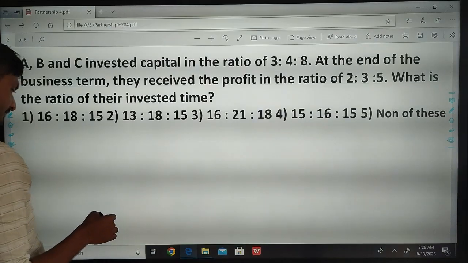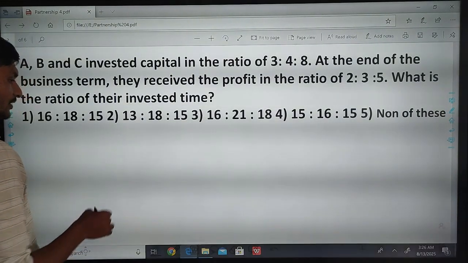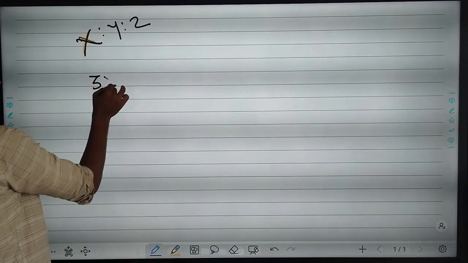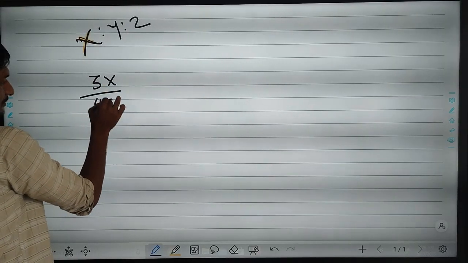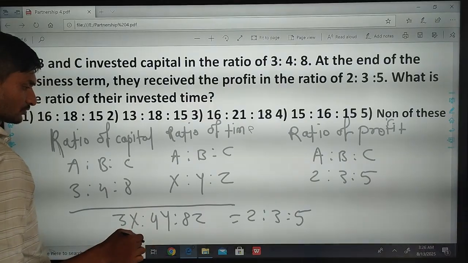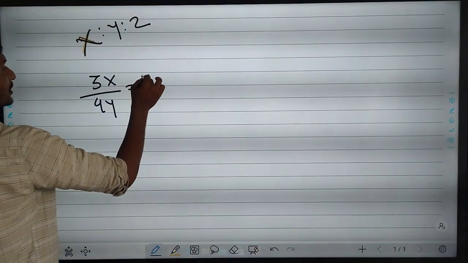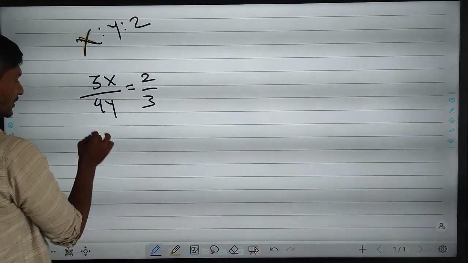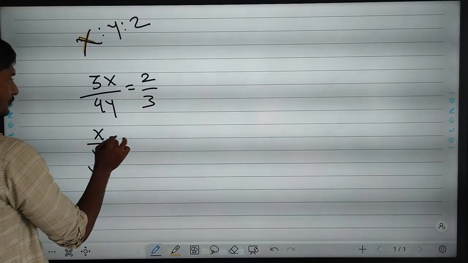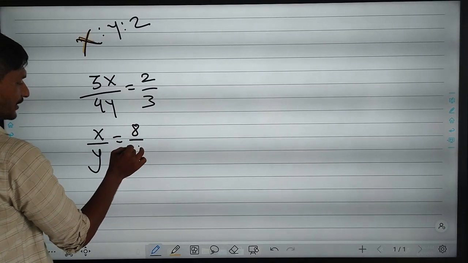Now here we write 3x upon 4y is equal to 2 upon 3. Then x upon y is equal to 8 as to 9.